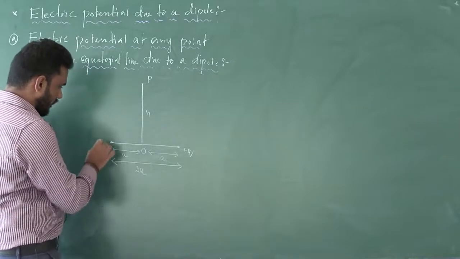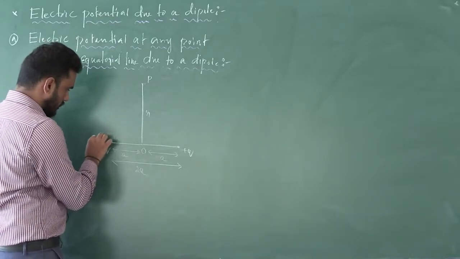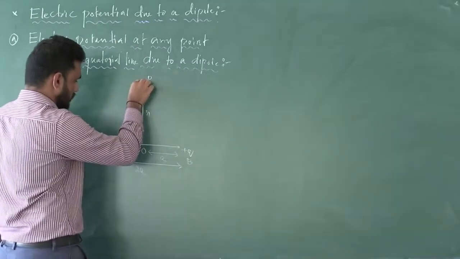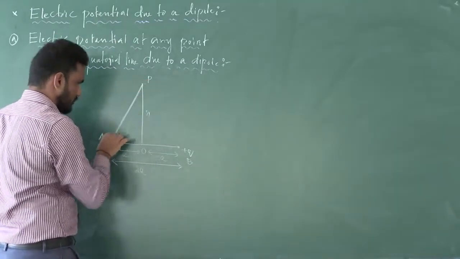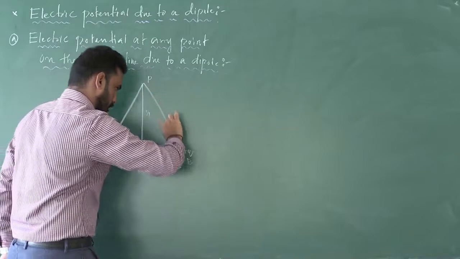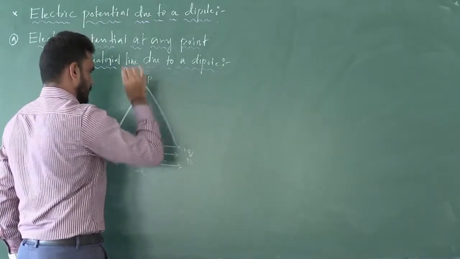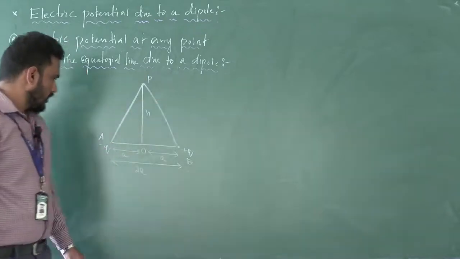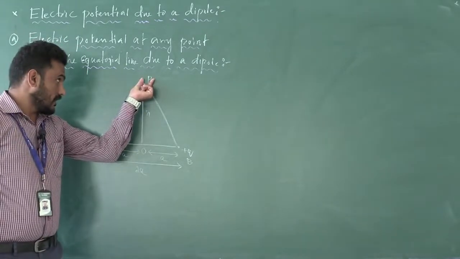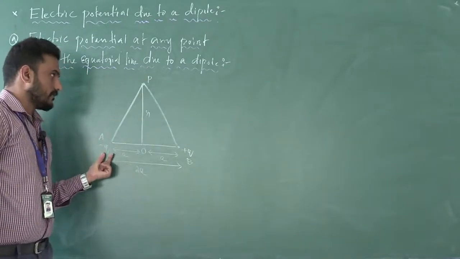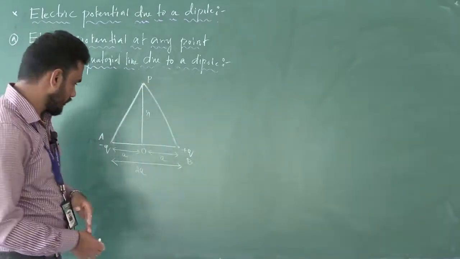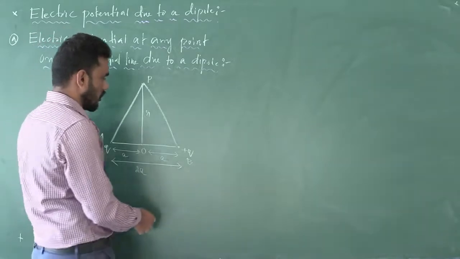For our convenience we shall name them A and B. So we shall join this. There is a potential at P due to the negative charge, and a potential at point P due to the positive charge. Now let me calculate both.